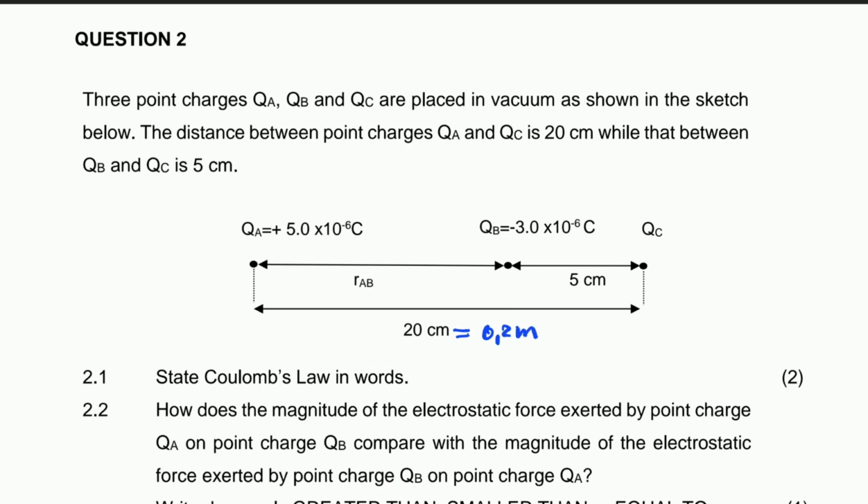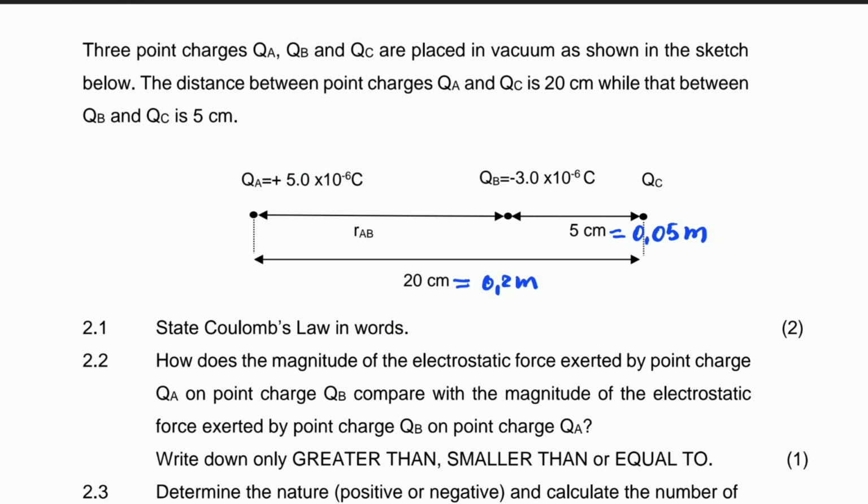Remember, you cannot work in centimeters, while that between QB and QC is 5 centimeters. So this one is 5 centimeters, which is the same as saying 0.05 meters. This is data, and data is a very important step to solve any question.